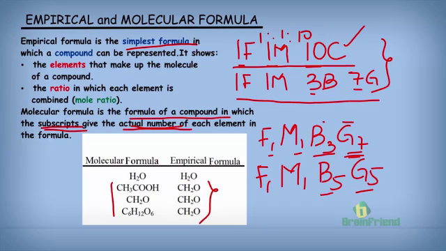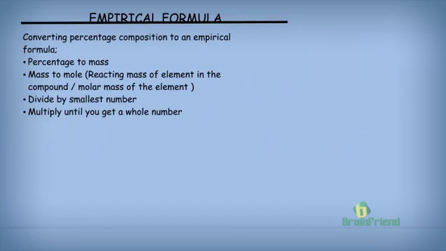So with this empirical formula, we will not be able to tell these compounds apart. But in writing their molecular formula, we'll see that this compound is different from this, and this is also different from this. So we see that three compounds are actually sharing one empirical formula. So this is how we can tell apart empirical and molecular formulas.